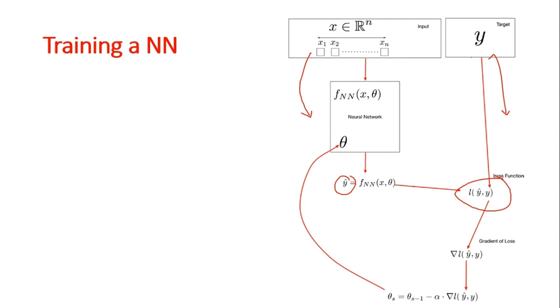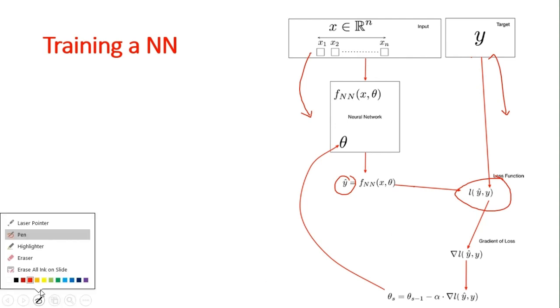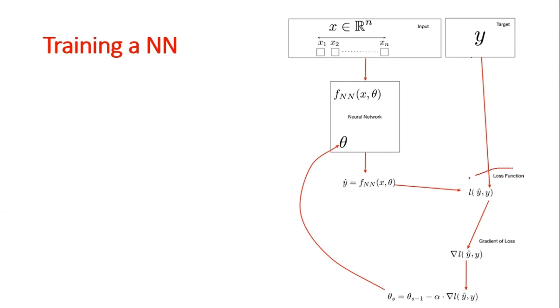Now, what is the next step? We will try to reduce this loss function in such a way that the difference between actual output and estimated output is minimum. In other words, we will optimize the loss function so that the difference between the actual output and the estimated output is minimum.